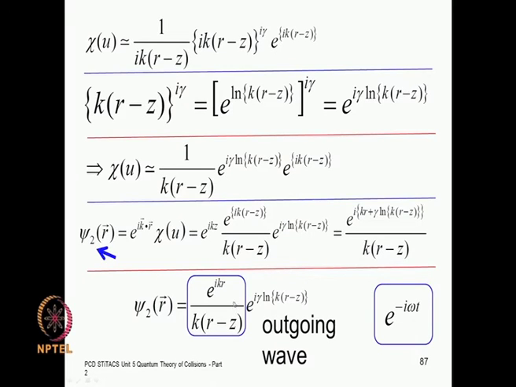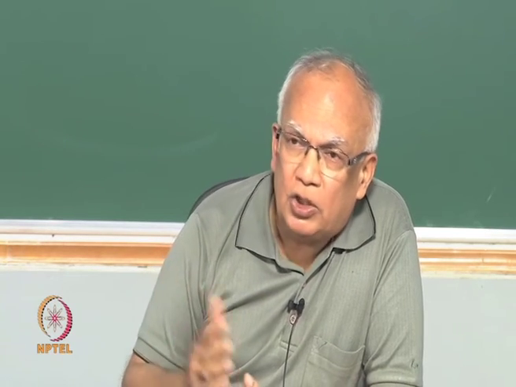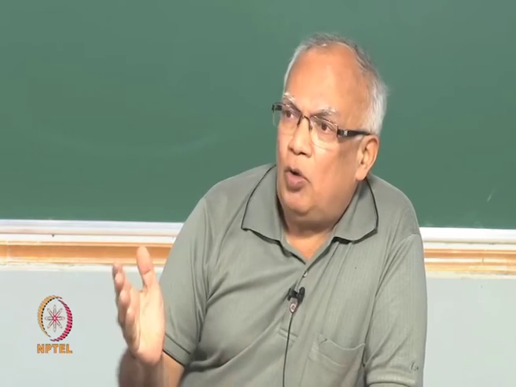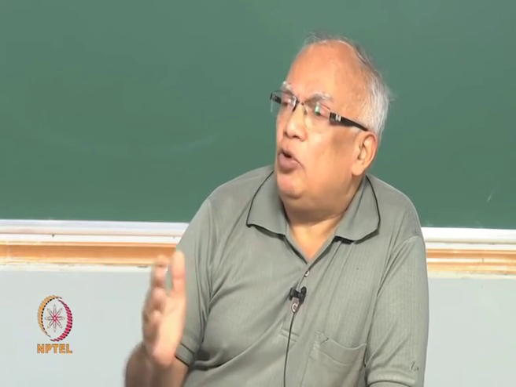However, there are additional features, unlike the collision problems that we have discussed earlier, and we discussed this in the very first unit of this course, where we ruled out the application of those methods to the 1 over r potential.